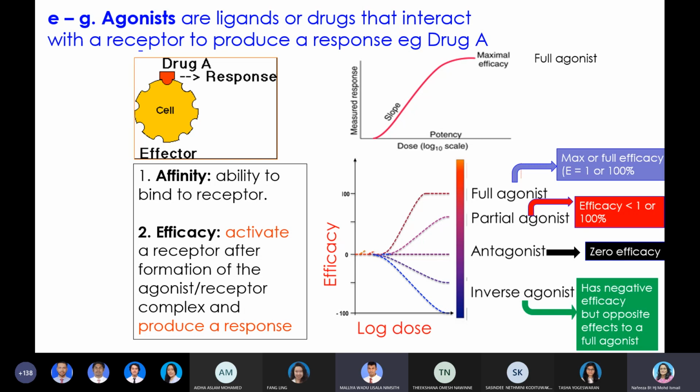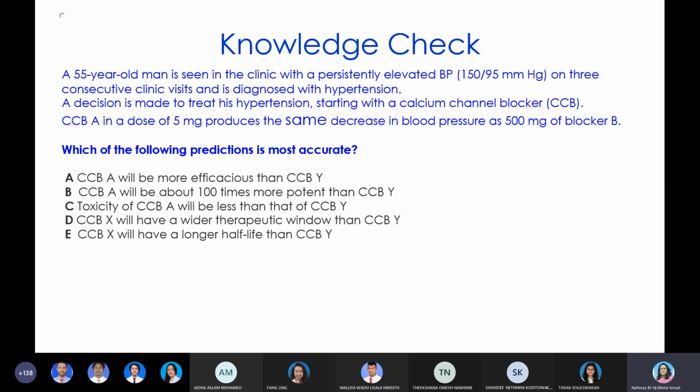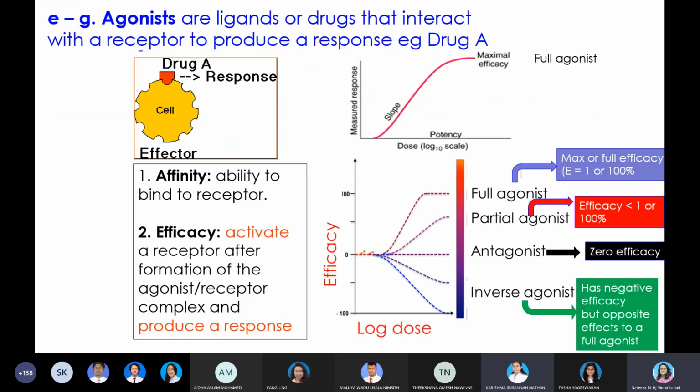So the inverse agonist still has efficacy, but it's in the negative zone, right? Yes. Okay, thank you, doctor.